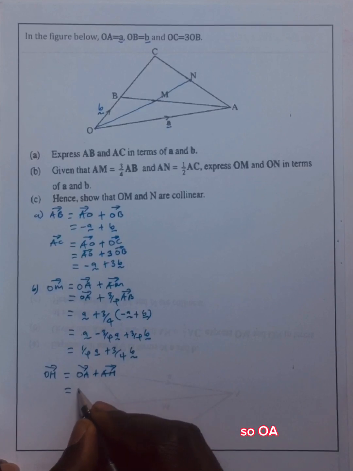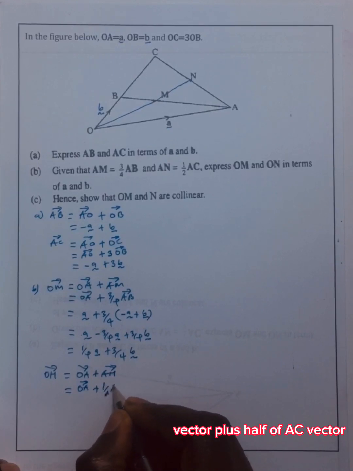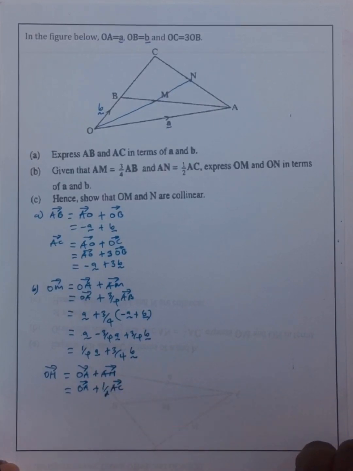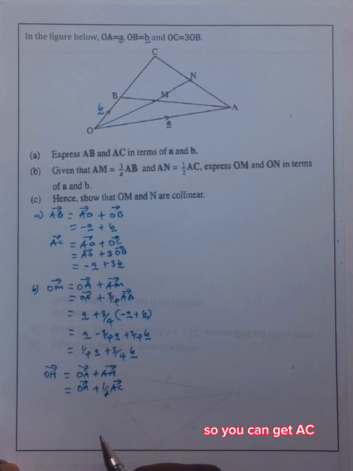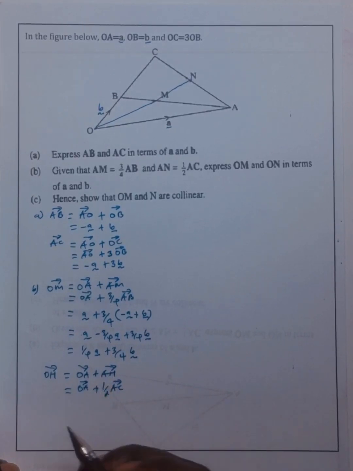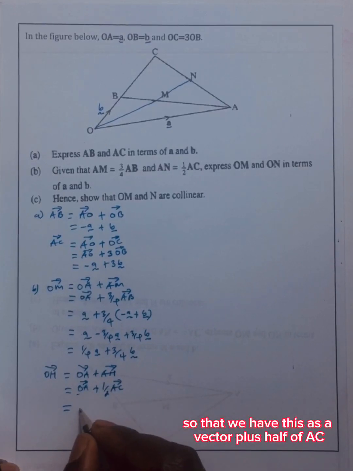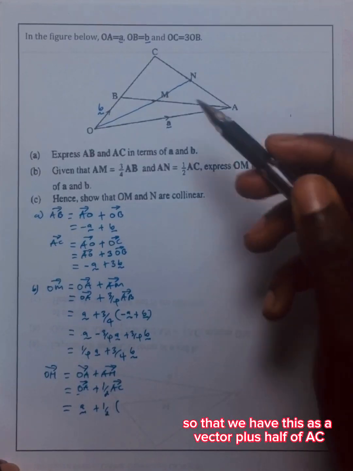So OA vector plus half of AC vector. So we can get AC, so that we have this as vector A plus half of AC.